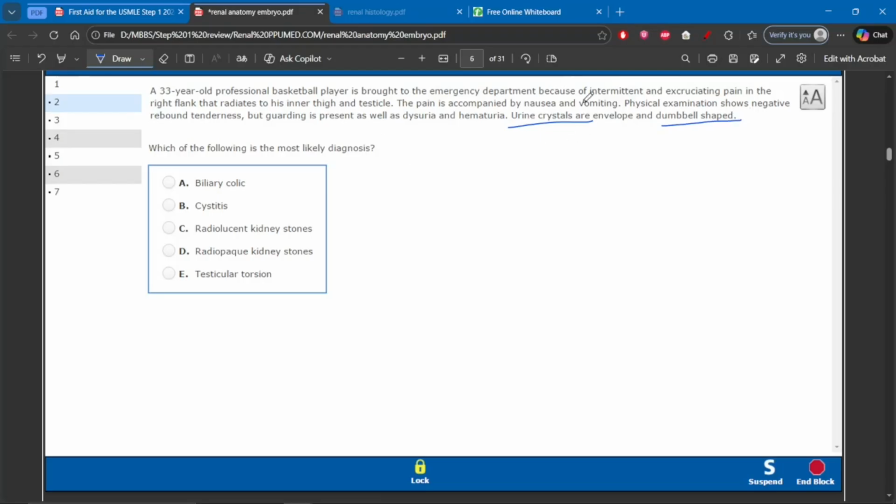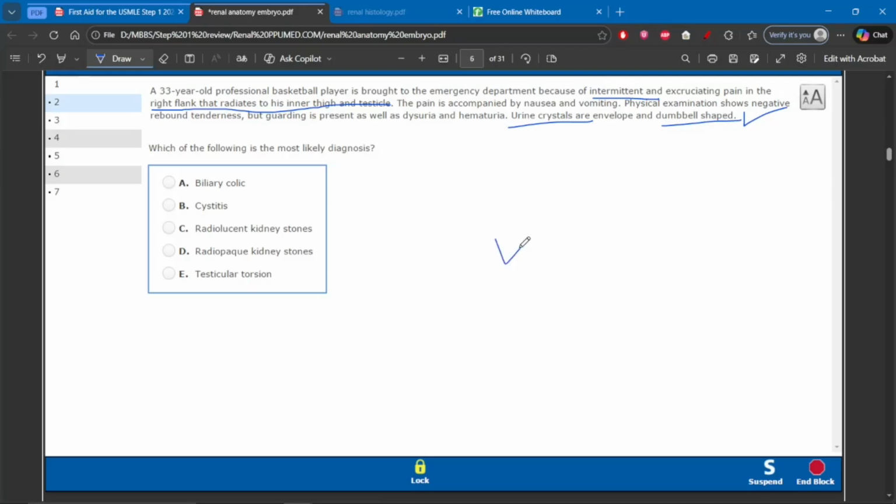Looking at this presentation, a pain that is intermittent and traveling from the right flank to the inner thigh and testicle, along with nausea, vomiting, and urine crystals. They basically handed you the diagnosis, right? This is a kidney stone.